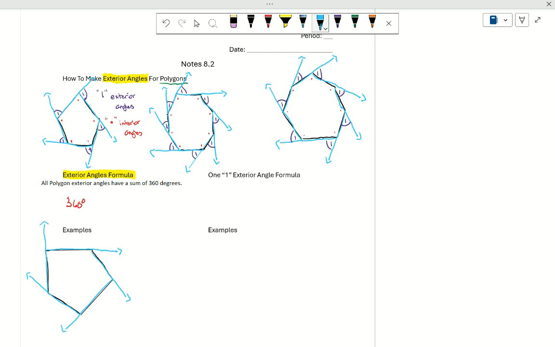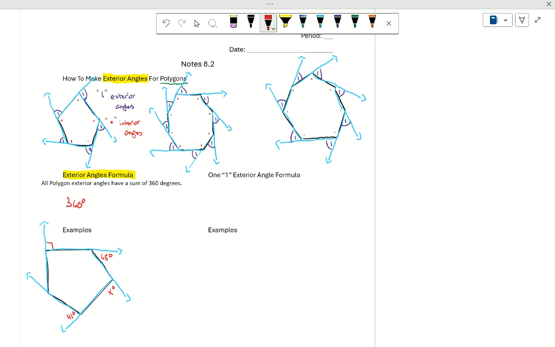Like that. All right. So let's say the angle up here at the upper left is 90 degrees. The next exterior angle is 65 degrees. The next exterior angle is X degrees. The next exterior angle, just going around clockwise, is 41 degrees.